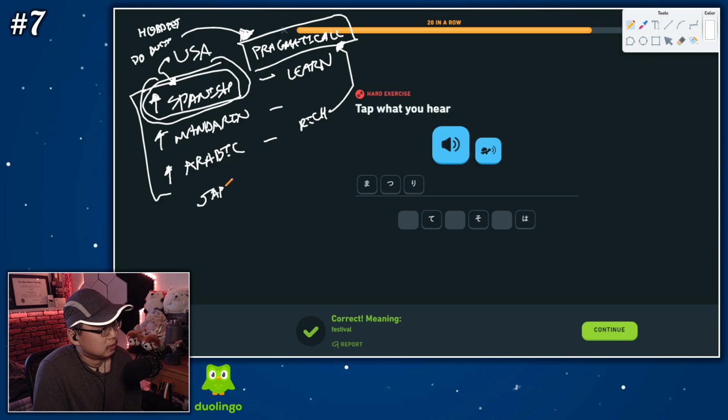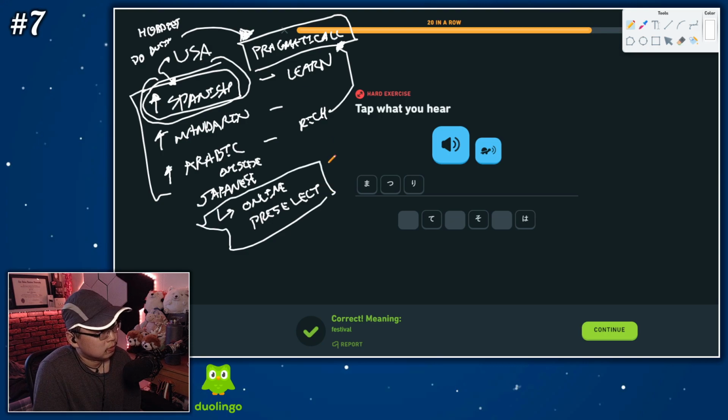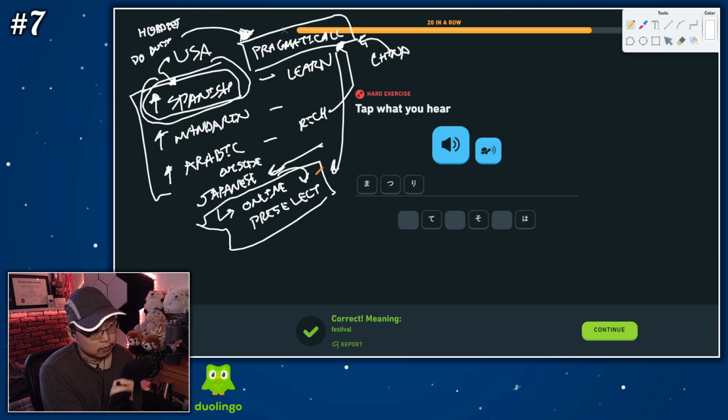Japanese is a little bit difficult because Japanese outside of Japan is a very online pre-selected usage. And I definitely agree, my parents are from China and they're incredibly pragmatically focused. So they often say there's really no pragmatic reason to learn a language that is pre-selected into a very small pocket.